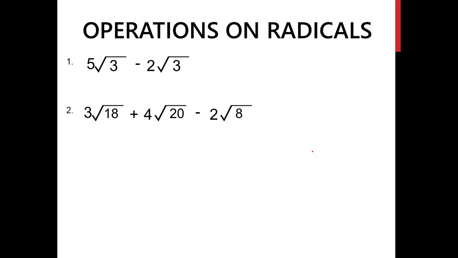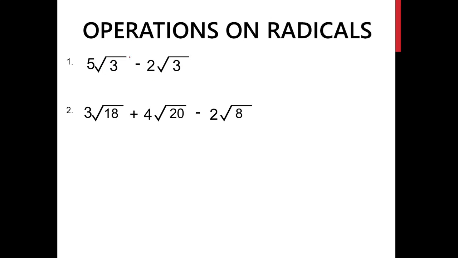So I have here some examples. Again, please bear in mind the process on algebraic expressions or the polynomials, because it's the same process here in the operations on radicals. So here, 5 square root of 3 minus 2 square root of 3. So this one is subtraction.